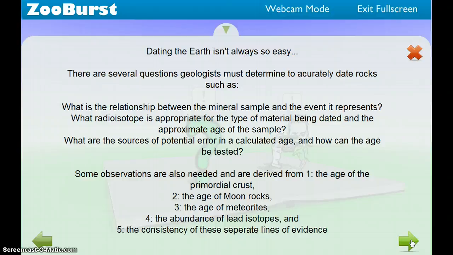So basically, you need a lot of evidence to prove your findings. It's not as simple as just using two tests. There's a lot that geologists must derive from.